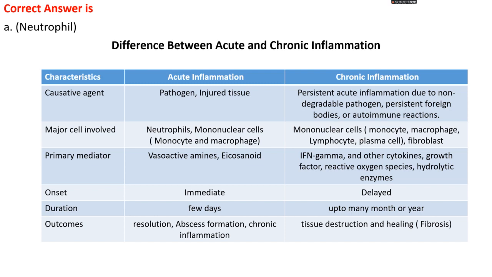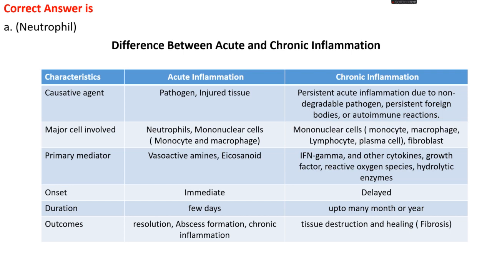In chronic inflammation, they are mononuclear cells: monocytes, macrophages, lymphocytes, plasma cells, and fibroblasts. The primary mediators of acute inflammation are vasoactive amines and eicosanoids.